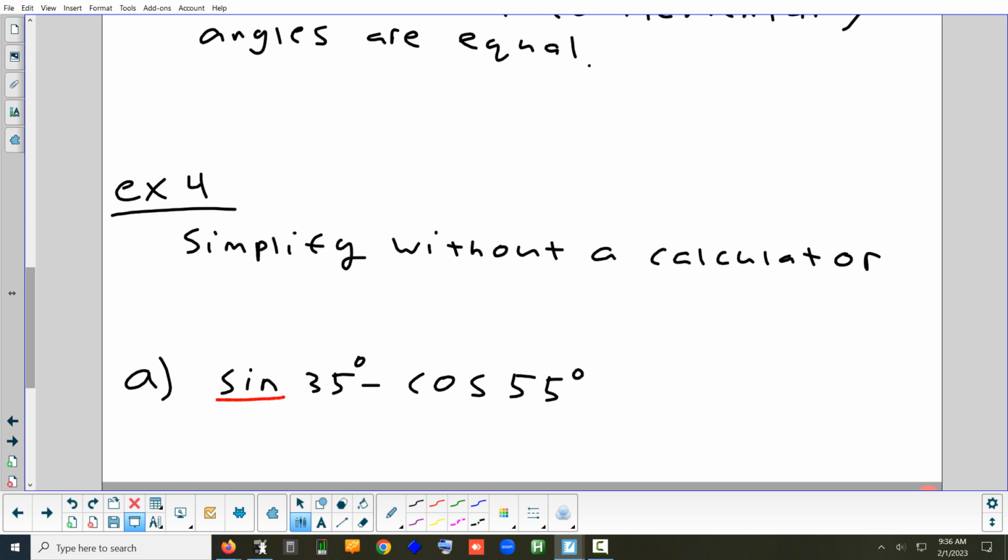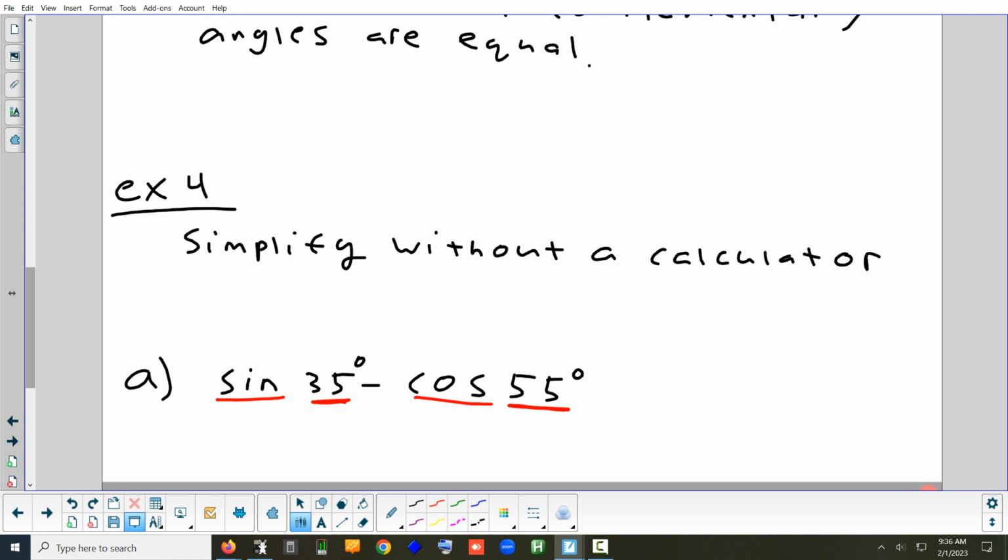I have sine, and I have cosine. What are those called? Sine and cosine. Yep. These are cofunctions. Now look at the angle. We have a 35 and we have a 55. 35 and 55 are what kind of angles?